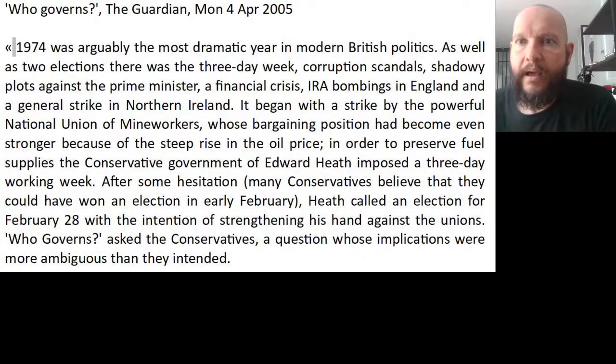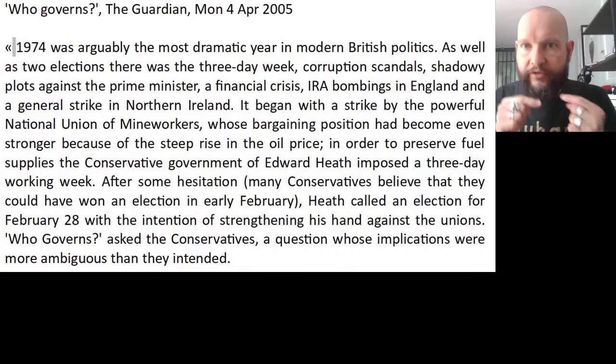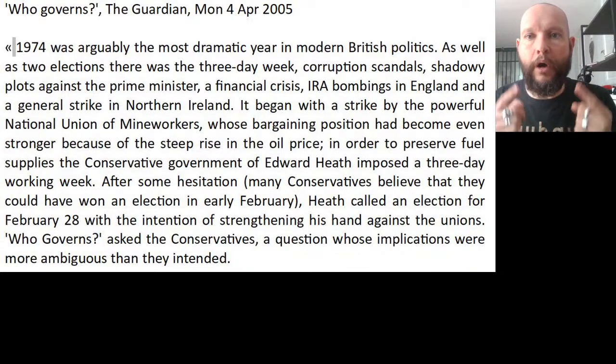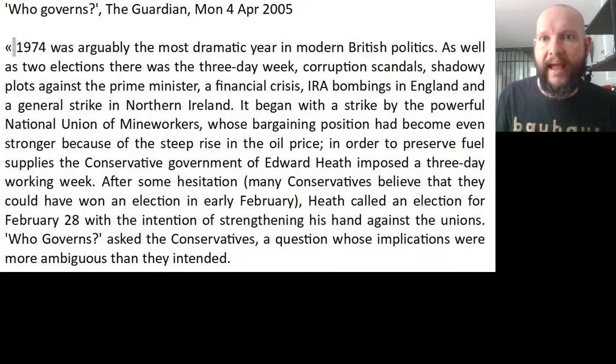Anyway, this time, the Arab states, many of which were oil producers, decided to use oil as leverage against Israel and its Western allies.